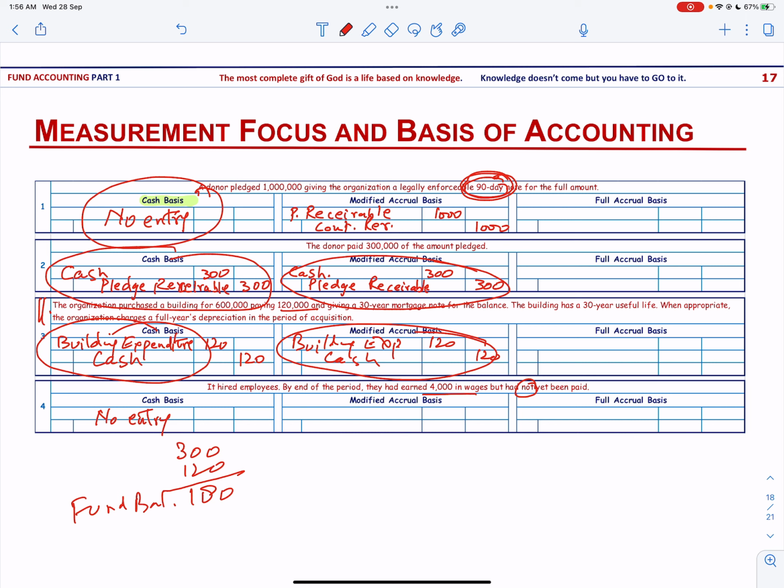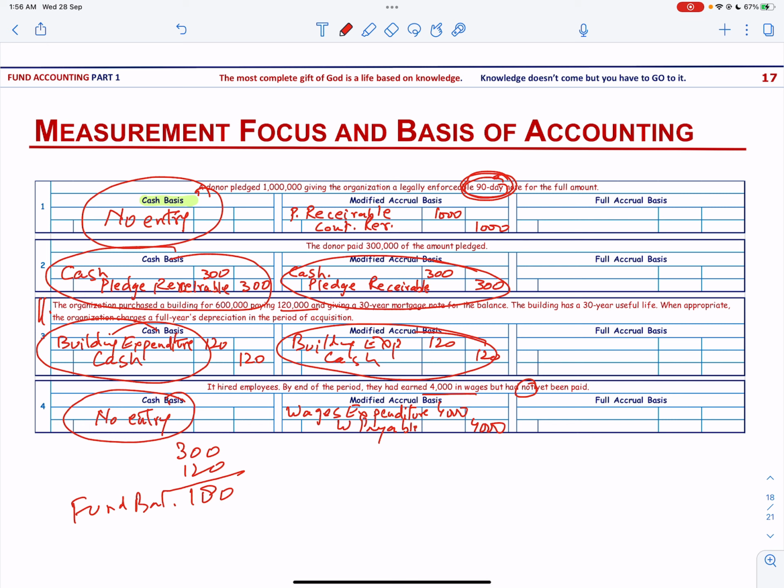So again, under the cash basis, we have not recorded it, but under the modified accrual basis, the government will pay this employee in the near future. So we have to record it. This is a current liability. Wages expenditure, and not expense, will be debited by 4,000, and wages payable will be credited by 4,000.